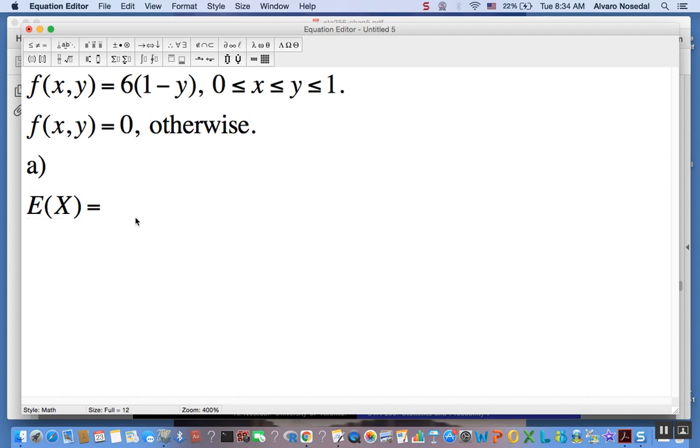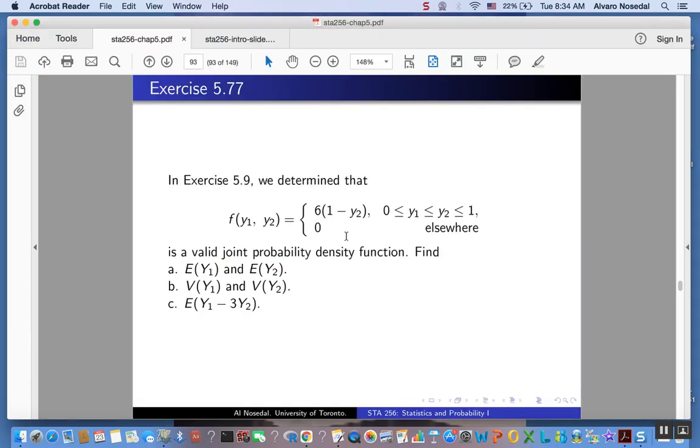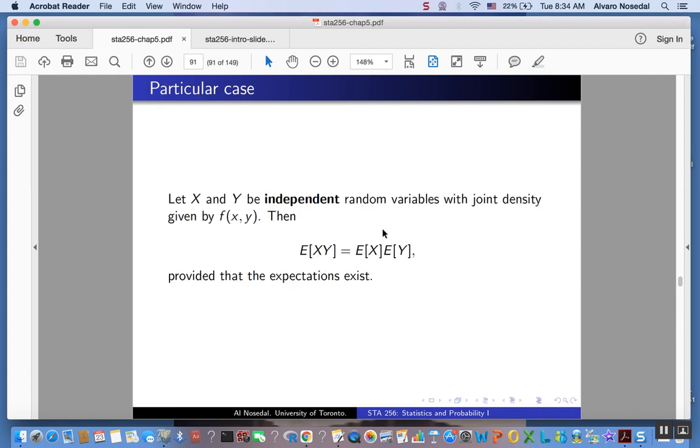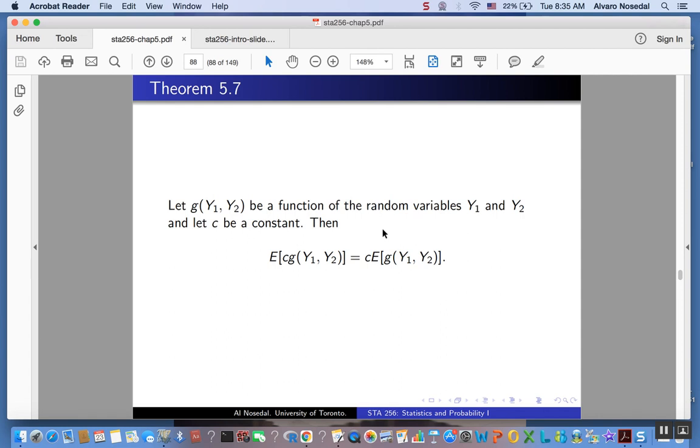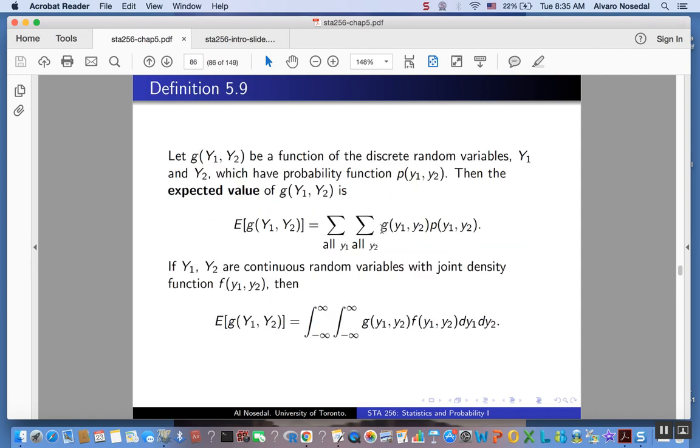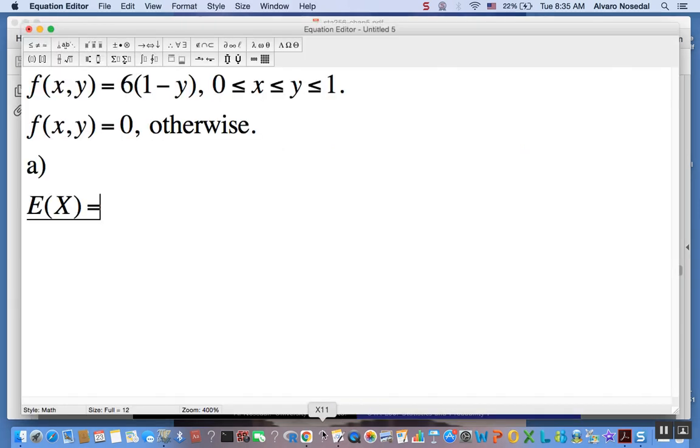So basically, using one of these results that we just talked about, the expected value of g is just that function, that transformation g, times the joint PDF. That's what we're going to be using for this exercise. It's going to be that double integral.